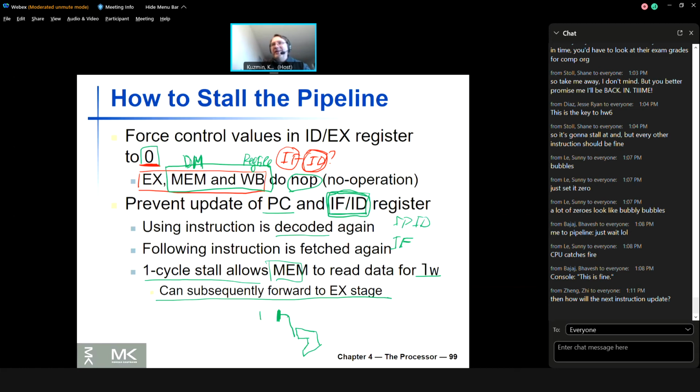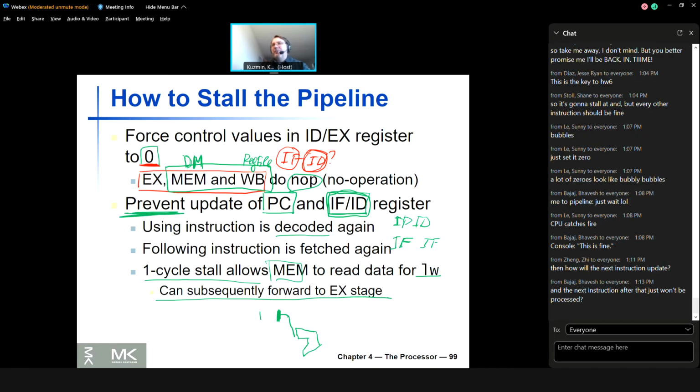The instruction has been fetched, so we can just keep decoding it until we can proceed. But the next instruction will be fetched and fetched over and over again from the same instruction memory, because every time we stall, we prevent update to the program counter.